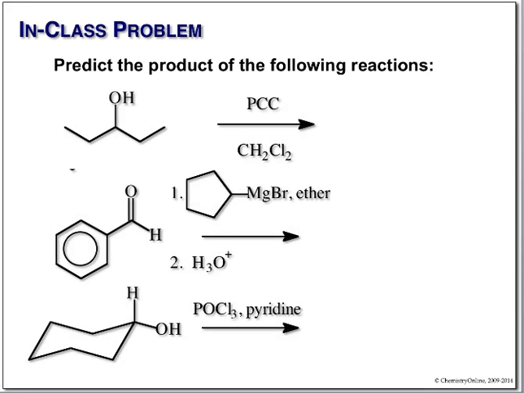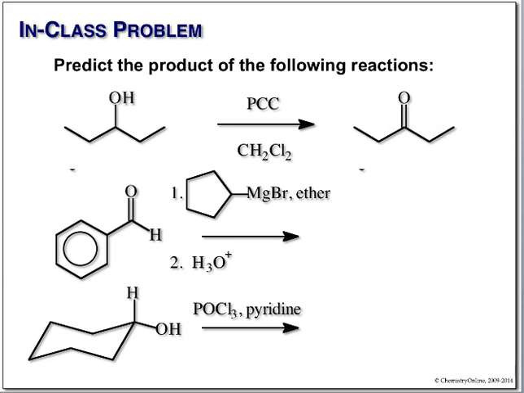It'll take a primary alcohol to an aldehyde, a secondary alcohol to a ketone. If there was stereochemistry, would it flip? No, because we're going from sp3 centered to sp2. So we would lose all stereochemistry.